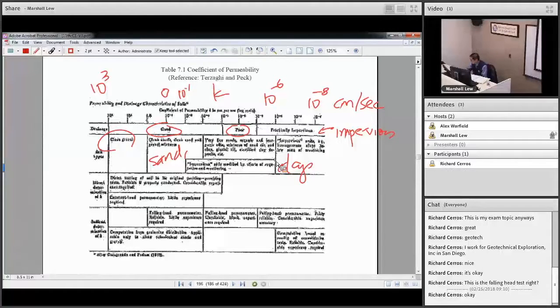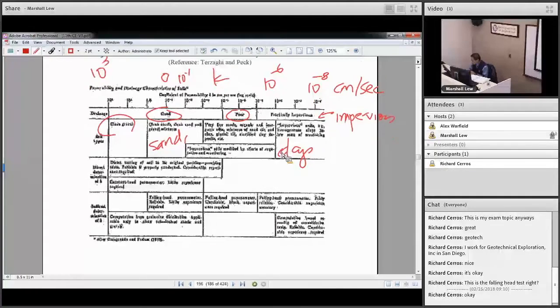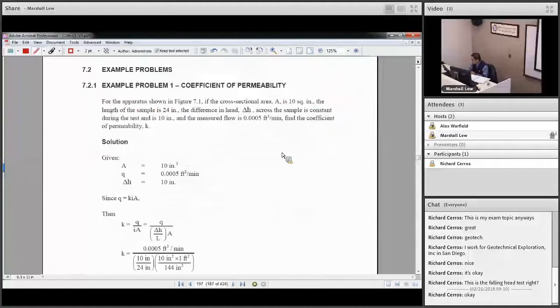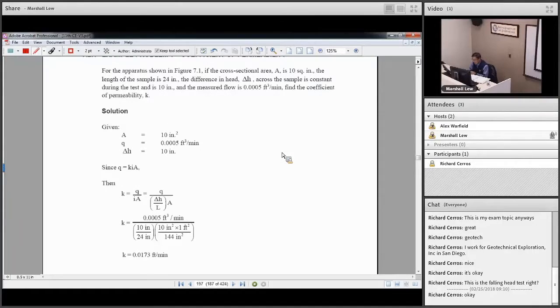So the hydraulic gradient is delta H over L. And A is the cross-sectional area of that soil sample. So little q is equal to kiA. That's basic Darcy's law.